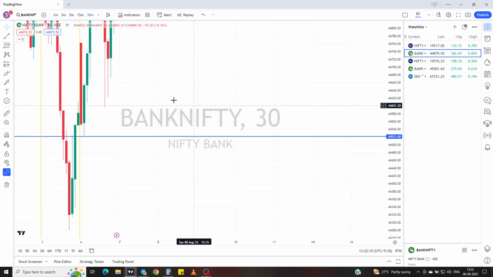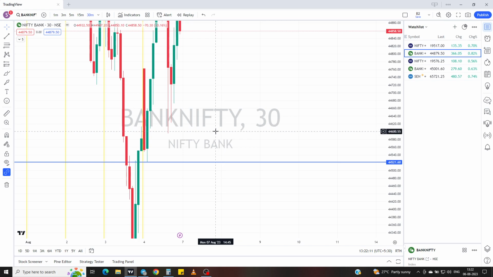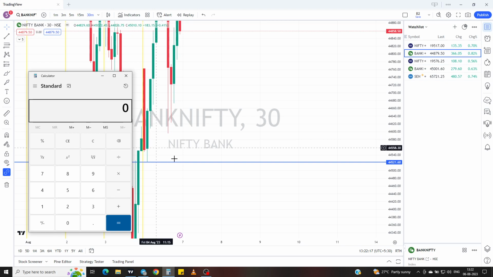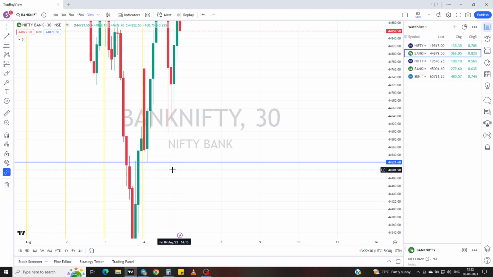And now we are going to create a range over here. The range is nothing but plus or minus 50 points from the breakout, I mean from this horizontal line. Okay, from this low, that is 44521 minus 50 points, 44471, right? Let me draw it.